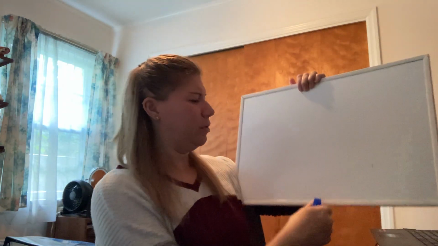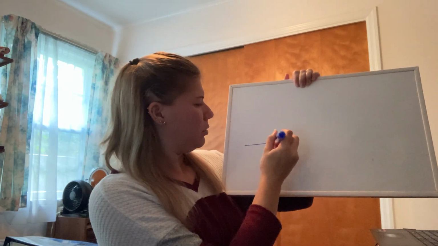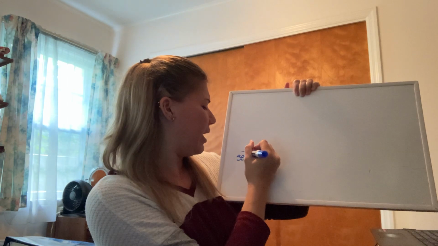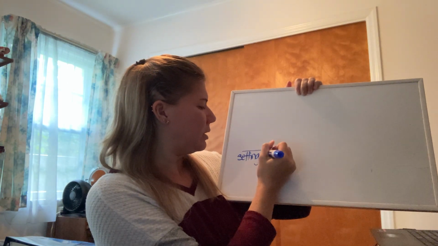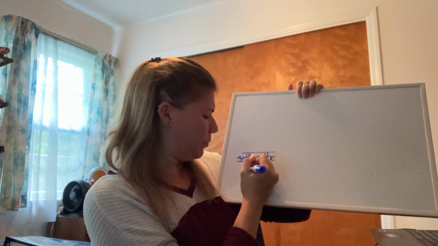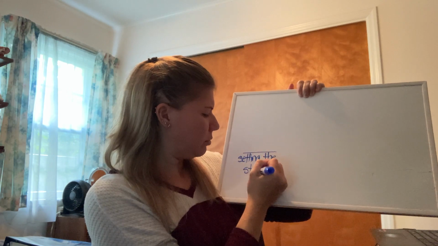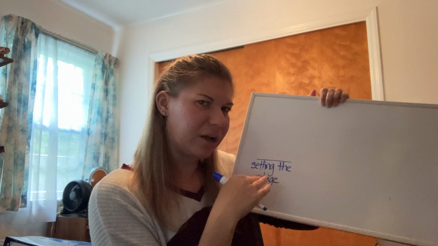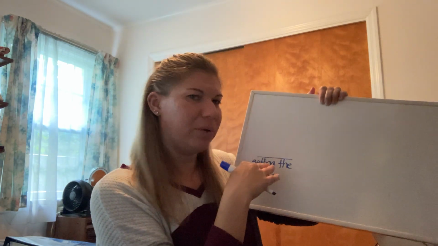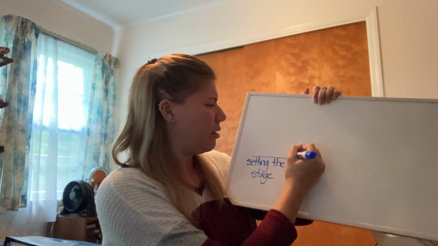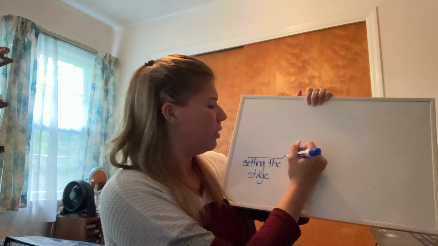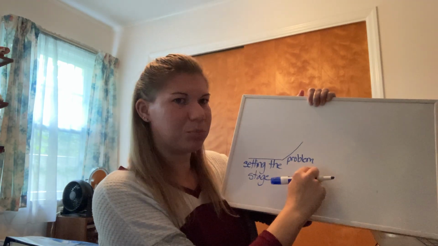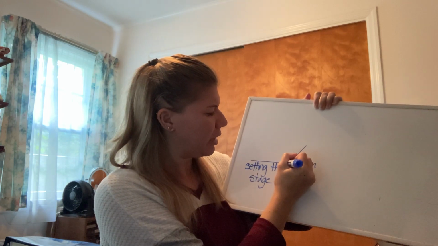This is kind of where your plot is going to be. You're setting the stage. So you're laying things out, you're telling about your characters, you're telling what's going on, and then things start getting interesting when you introduce your problem. So now you have this problem, and there's something that has to be solved.